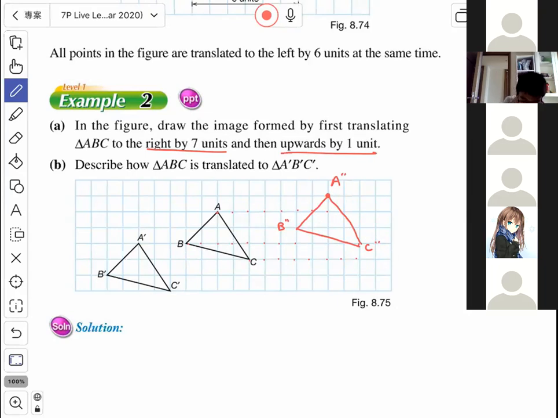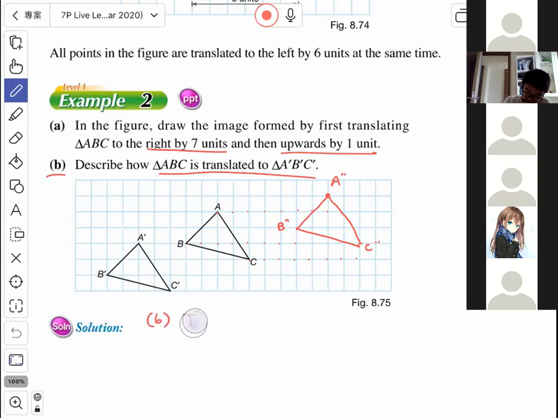Okay, and then for part B, describe how it is translated to A prime, B prime, C prime. Okay, it means that from this diagram to the new diagram here. So how do we use words to describe it?